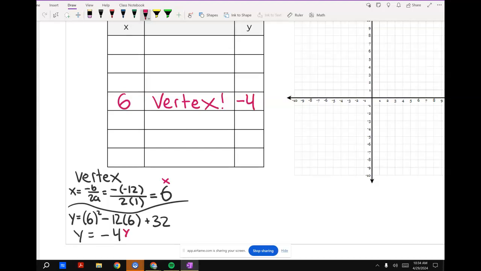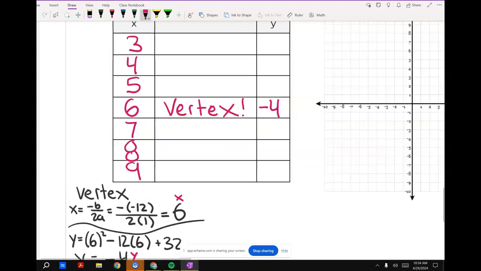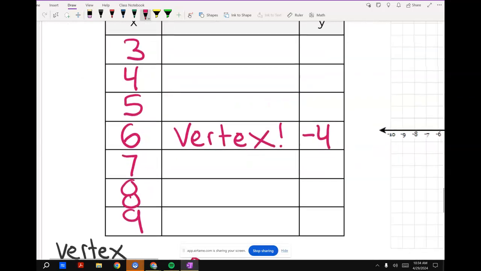So now to fill in the table, again, we're just going to count forwards and backwards. So it goes 6, 7, 8, 9. And then if we count backwards, 5, 4, 3. And here we could just use a little bit of judgment and think about, all right, what values are going to be easier to plug in?